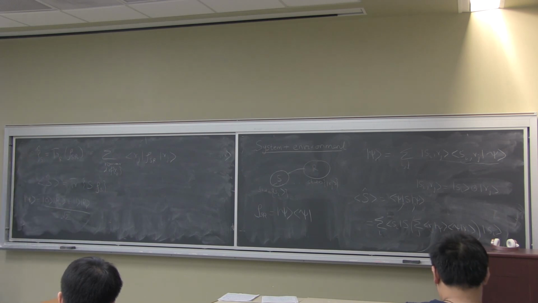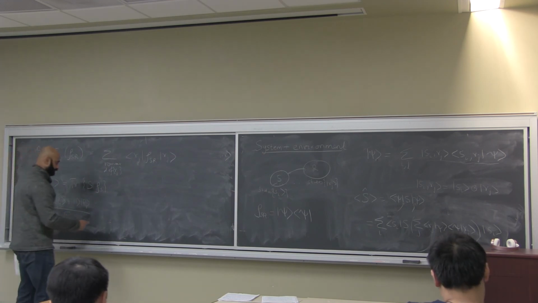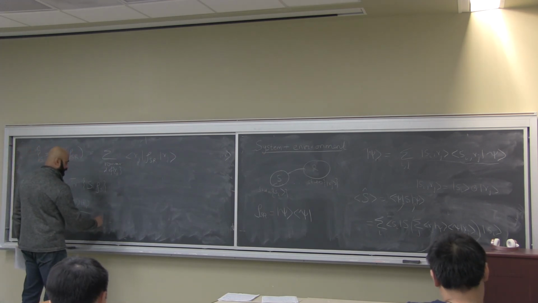So the system gets entangled with one degree of freedom of the reservoir, which can be in either state 0 or state 1. This is the simplest thing you could imagine.